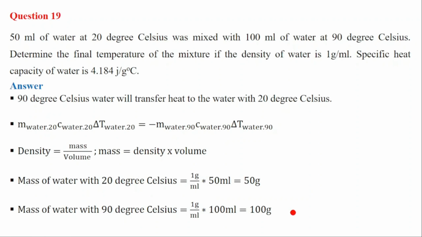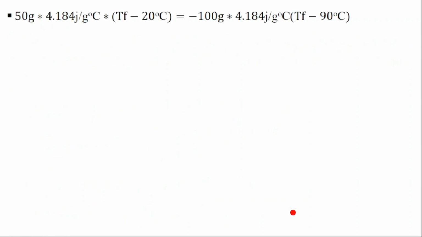After getting the mass, we use the formula by replacing the mass of the water at 20 degrees Celsius times the specific heat capacity of the water, Tf minus 20 degrees Celsius, is equal to minus the mass of the water at 90 degrees Celsius times 4.184, the specific heat capacity of the water, Tf minus 90 degrees Celsius, which is the initial temperature for the water at 90 degrees.